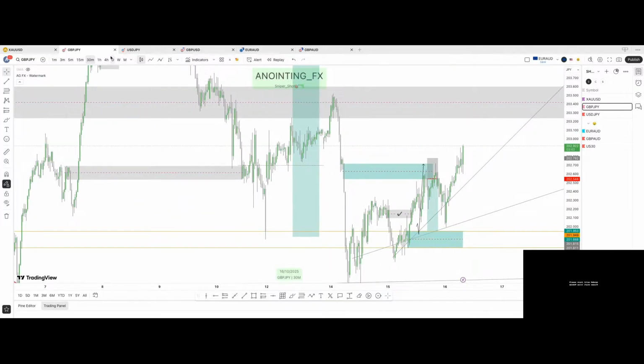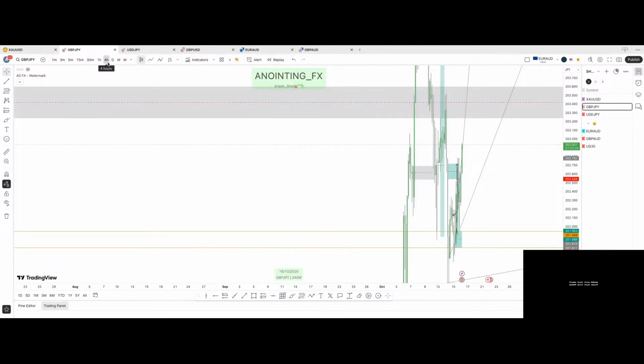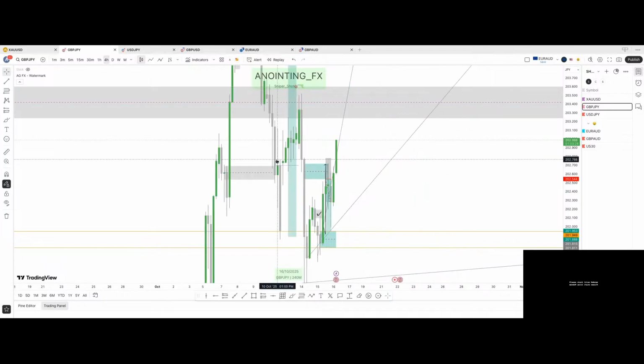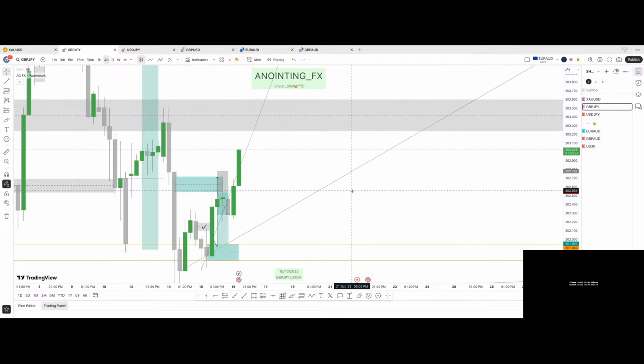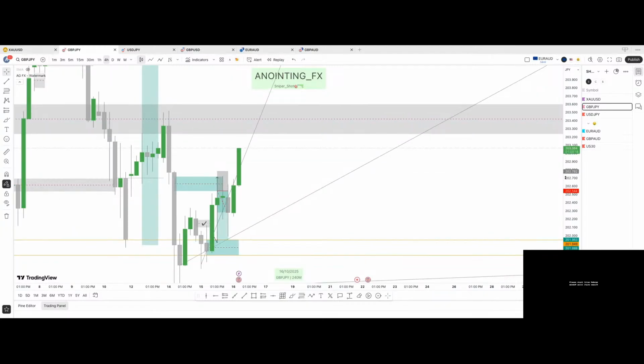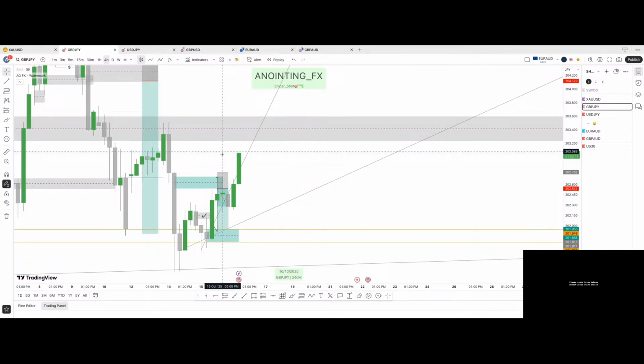So I have to go to the 4 hour time frame to check. Okay, so this is the 4 hour time frame. Let me delete some of this stuff.